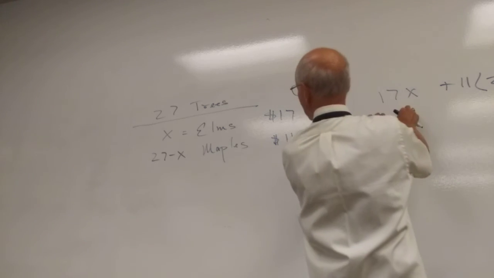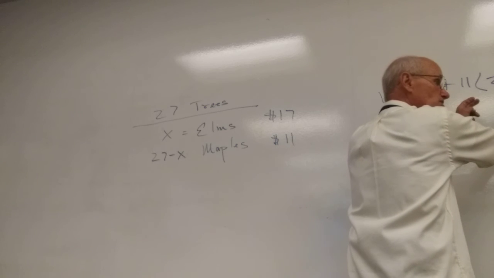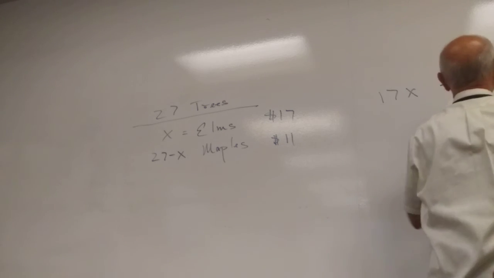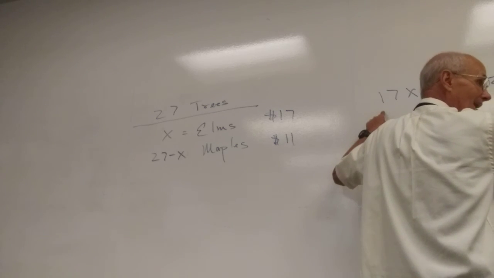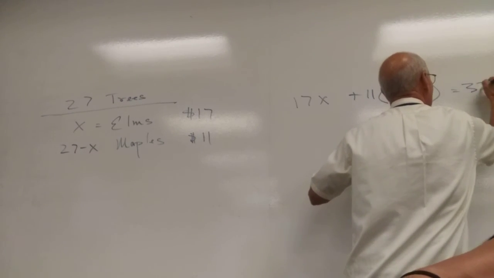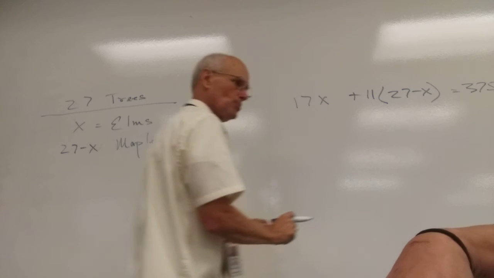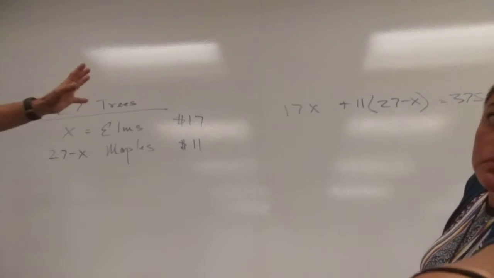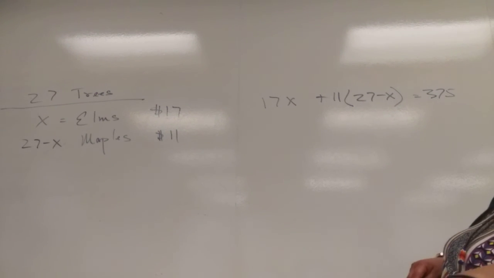This is the cost of the elms. This is the cost of the maples. Total means when I add them, what's the total cost? It's no longer a word problem. It's still a hard algebra problem, but it's not a word problem. You follow me, Seamus?